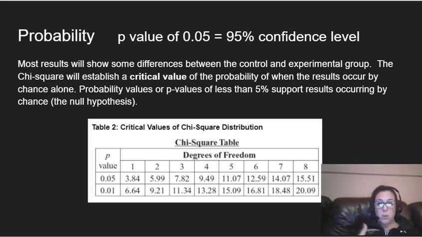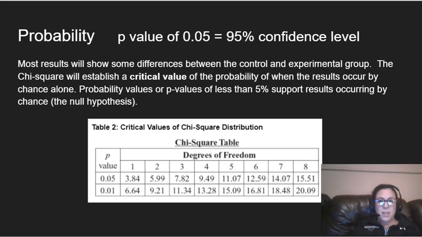Because 100% minus 95 is 5%. So we're good with a probability value of 0.05 or 5%. So whenever you look at these chi-square values, you're always going to look at a p-value of 0.05. That's nice because we're always going to look at this first row. This probability value right down here of 0.01, that would be if we were 99% confident.